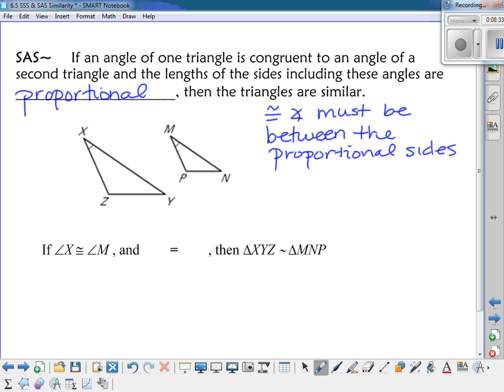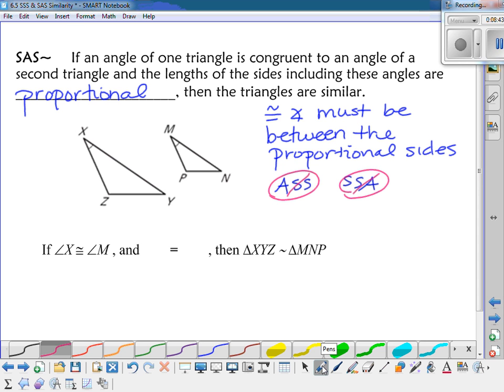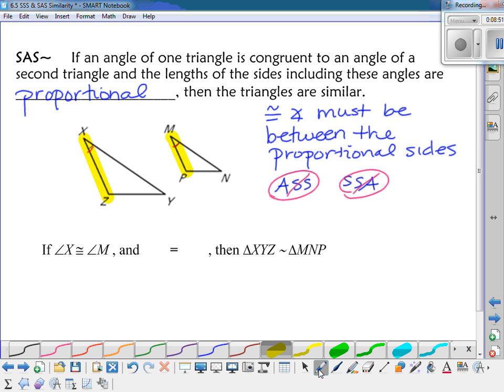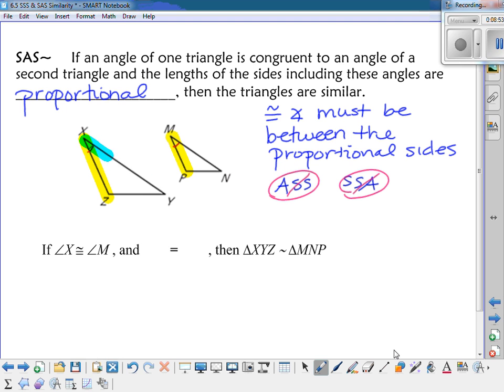Okay, so again, no donkeys. No donkeys looking in the mirror. That's not going to work. The angle has to be between. So here I've got my congruent angles, and so my proportional sides are going to have to be XZ to MP and XY to MN.